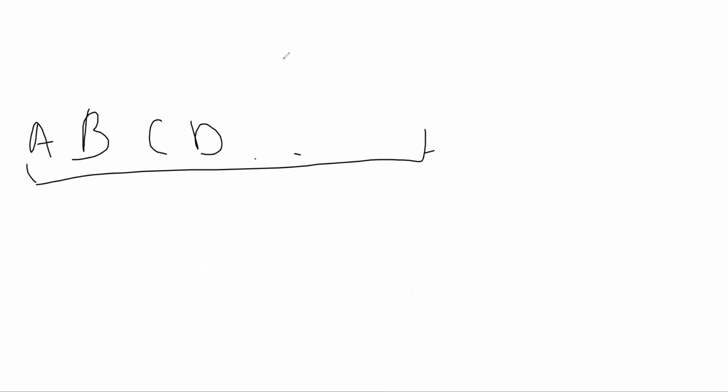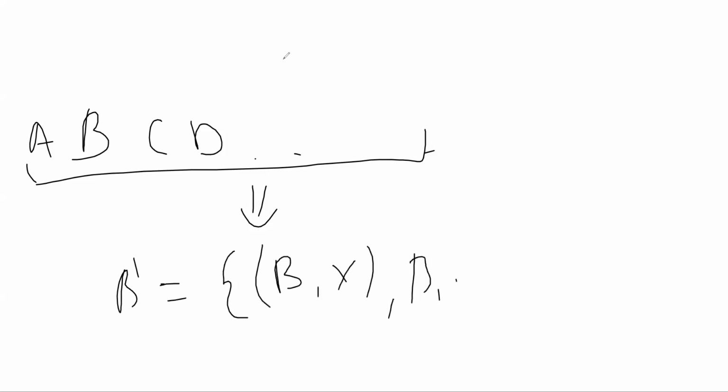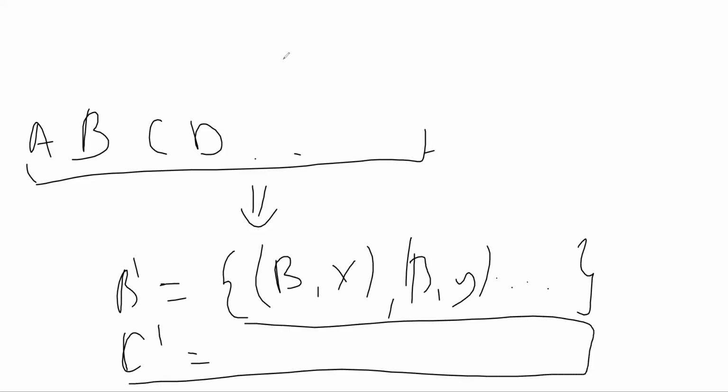But what we did is we made a new collection of sets like B prime, which was just a set of ordered pairs, like BX, BY, and now those sets have to be disjoint.